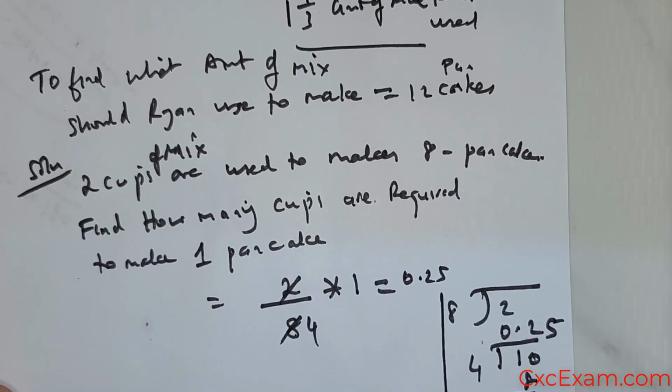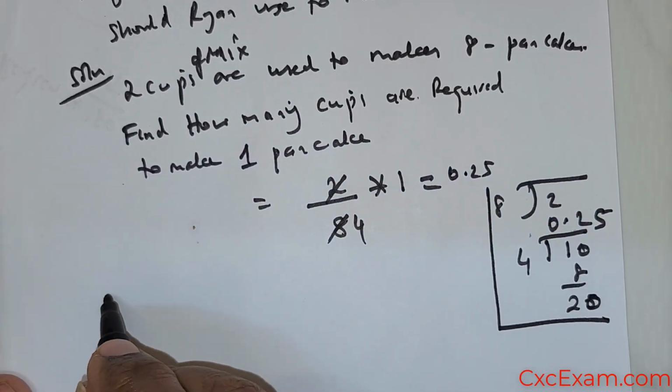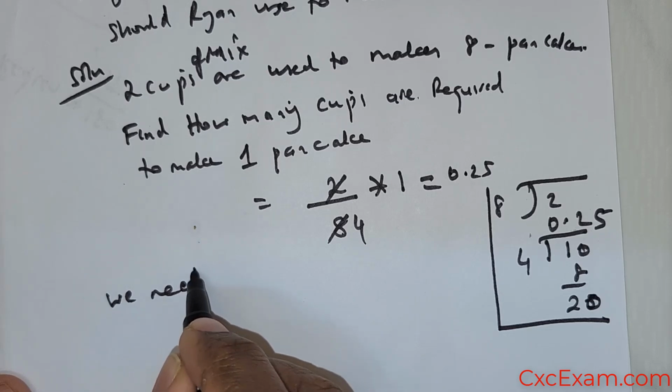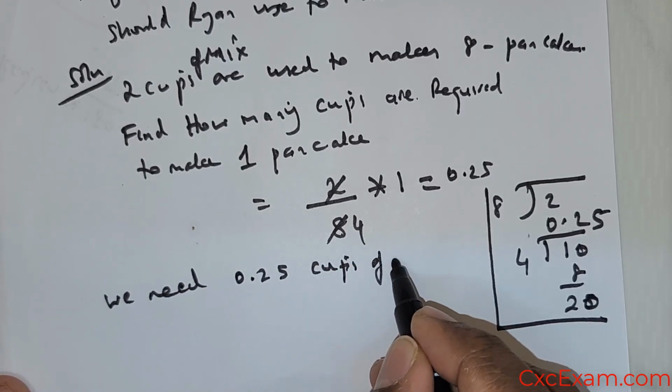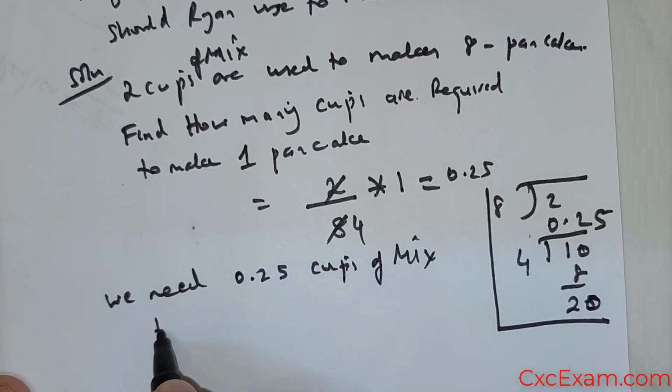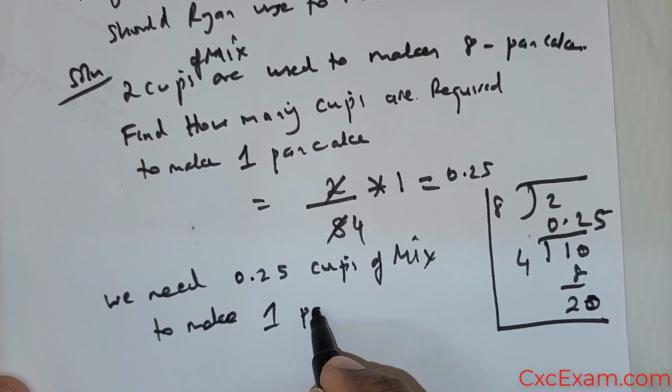0.25. So what does this mean? This means we need 0.25 cups of mix to make 1 pancake.